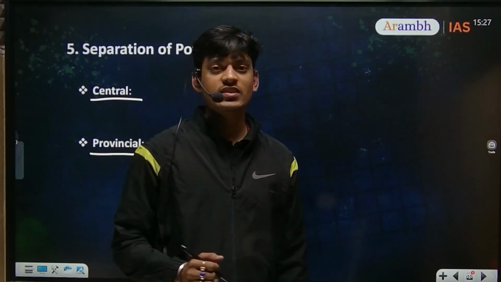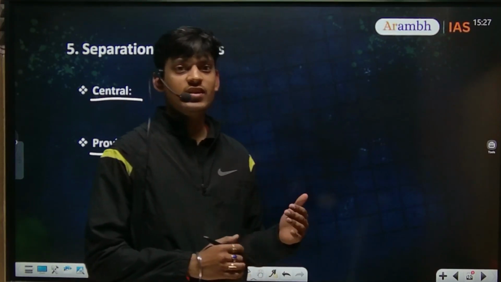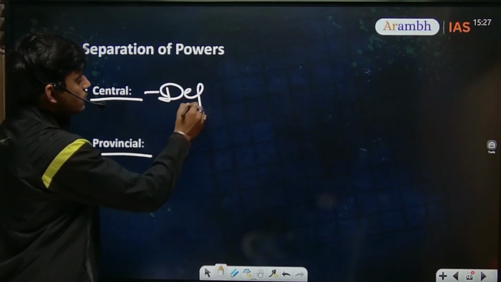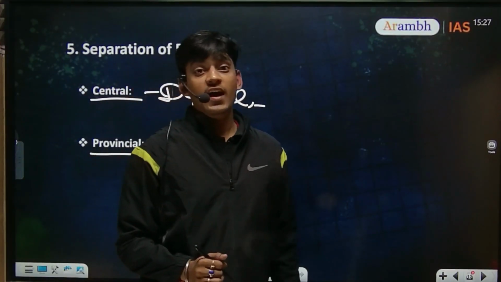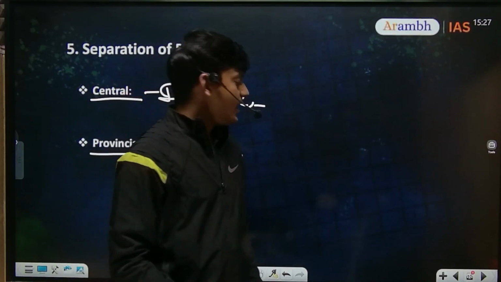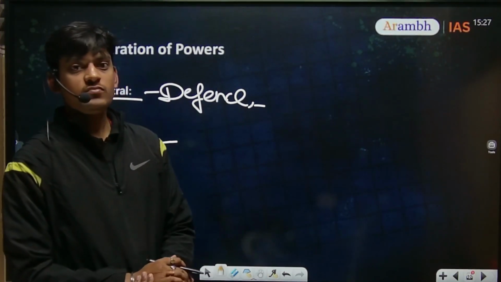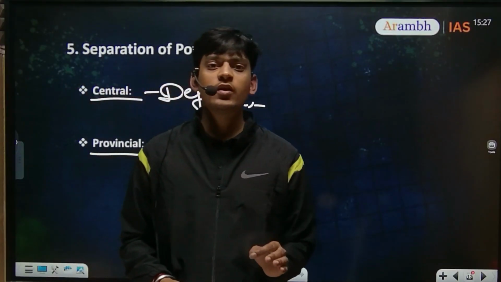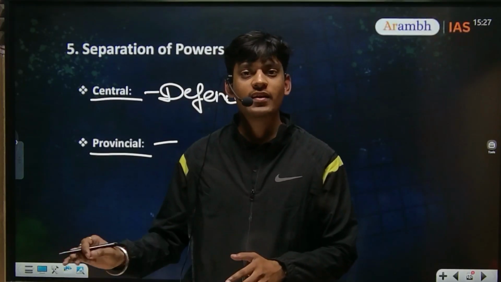Central and provincial subjects were clearly divided. Central, like defense and foreign affairs, railways, currency, and provincial, like education, health, etc. under Dyarchy. This was the beginning of federalism in India.